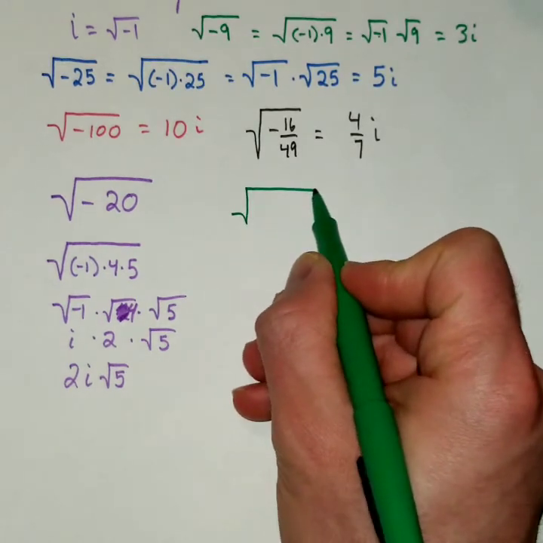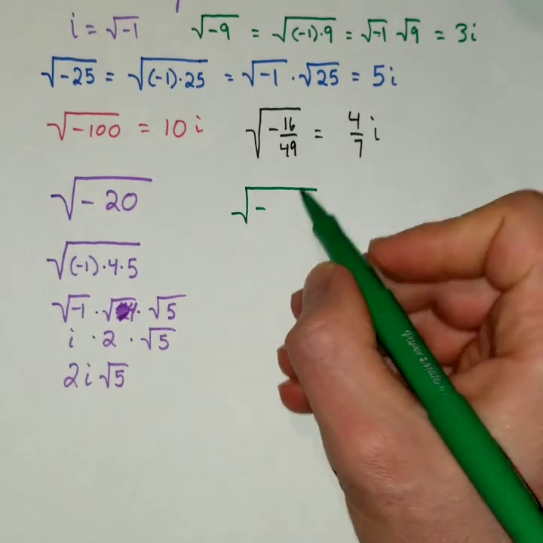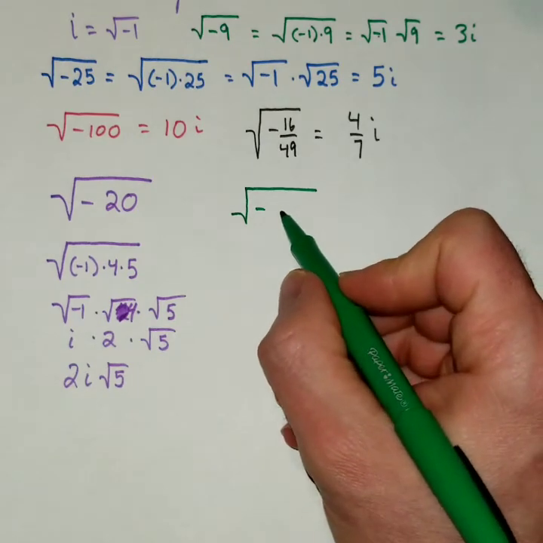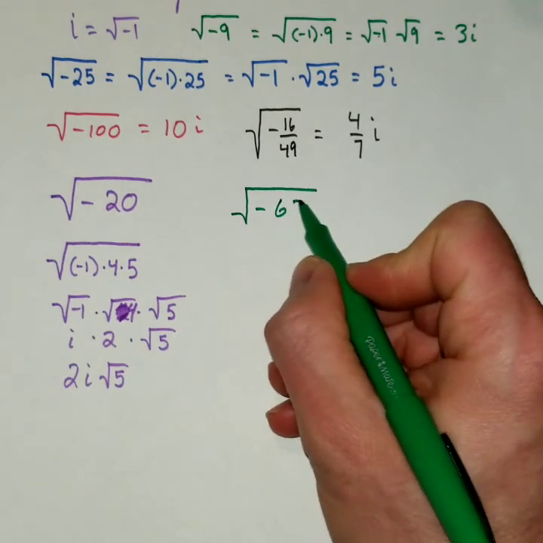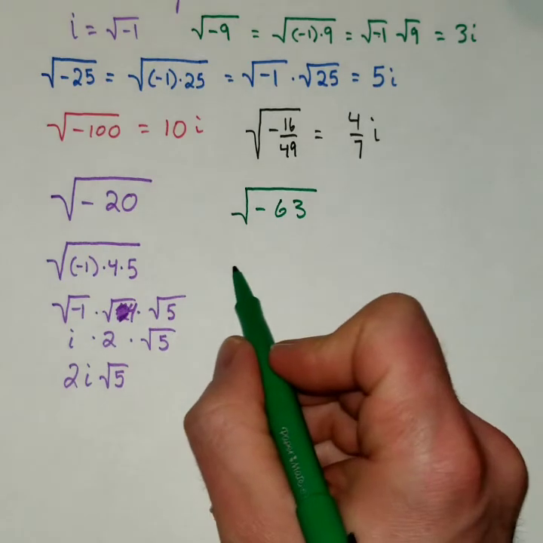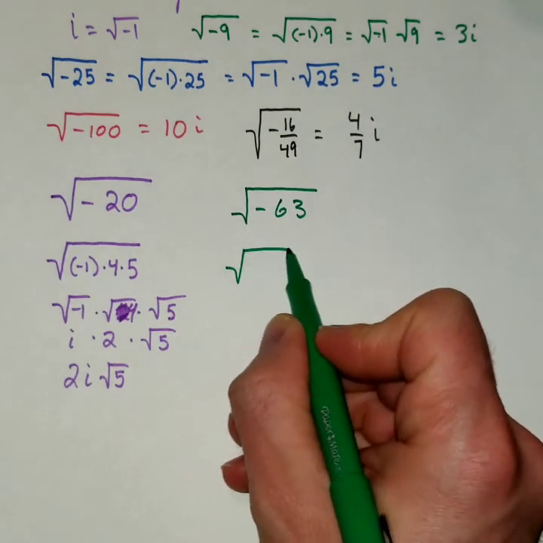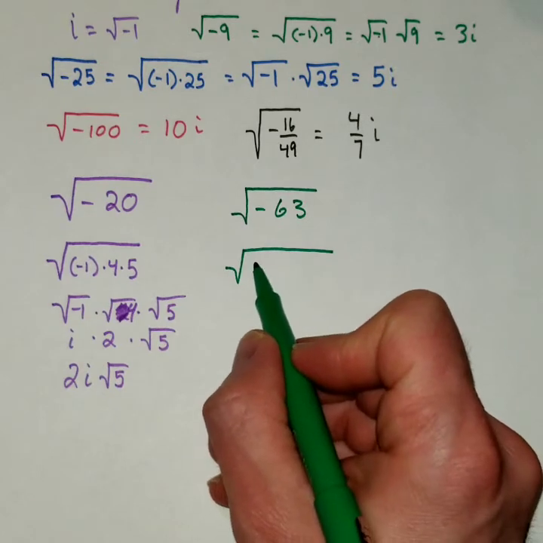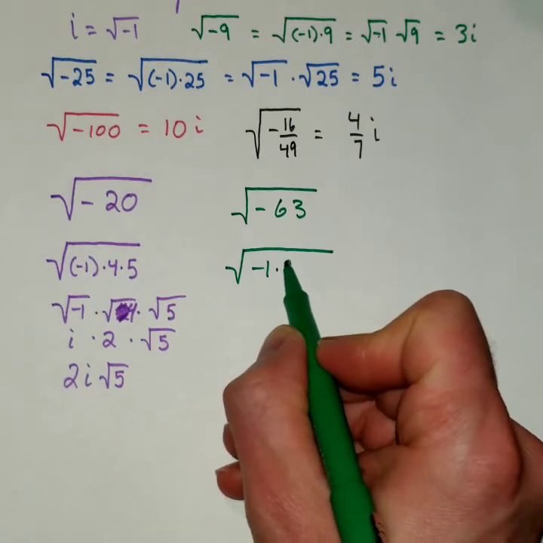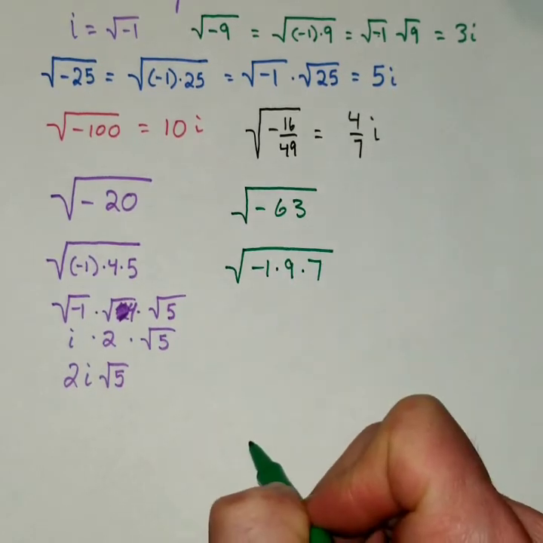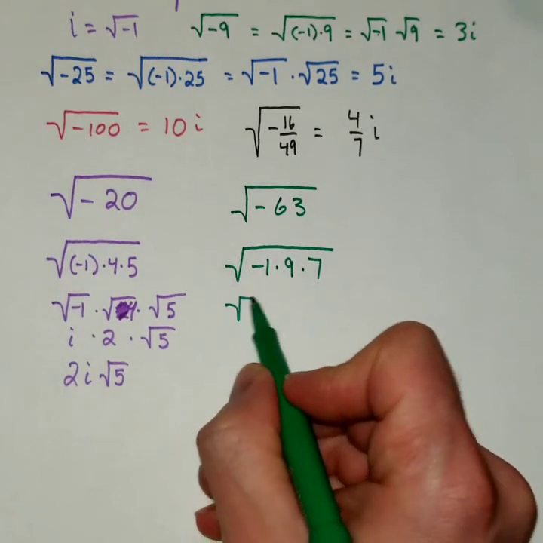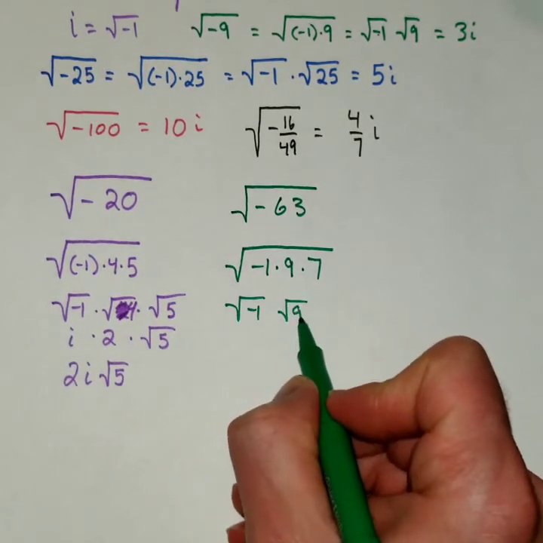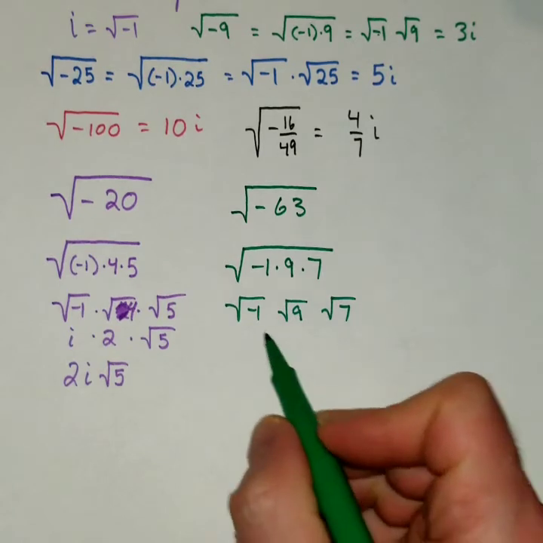Let's do square root of negative, let's do like 63. Well, 63 is 9 times 7. So this becomes -1 times 9 times 7. And again, we get the square root of the -1, the square root of the 9, the square root of the 7.